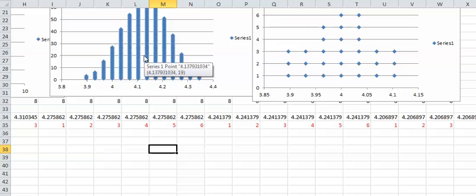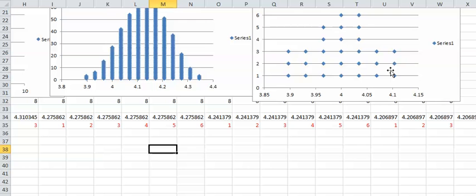Over here, the means of the possible samples are a little bit more spread out, because here the samples have sample means spread out all the way between 3.9 and about 4.35. Over here, the sample means are spread out between 3.9 and 4.1.